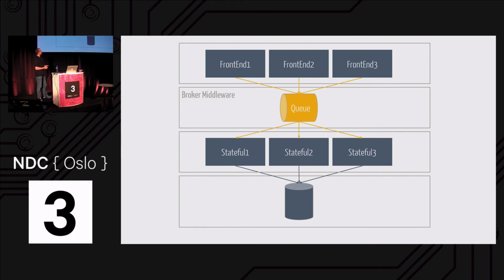The broker middleware will make sure that the queue listeners running on these stateful instances fetch these orders and process them in the right order. With that, we will no longer lose orders.